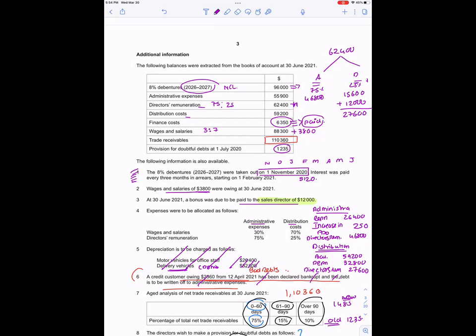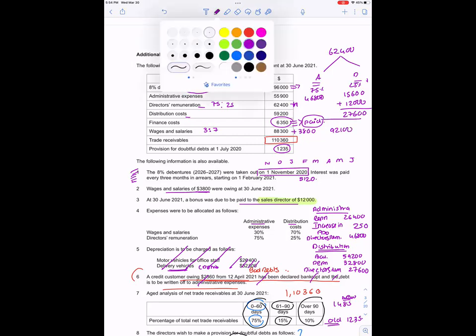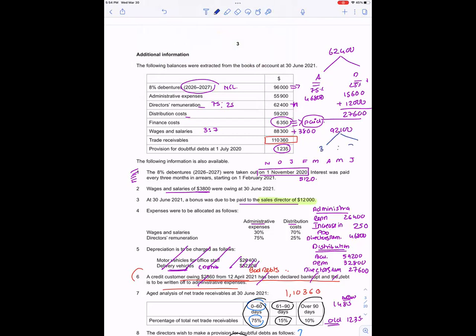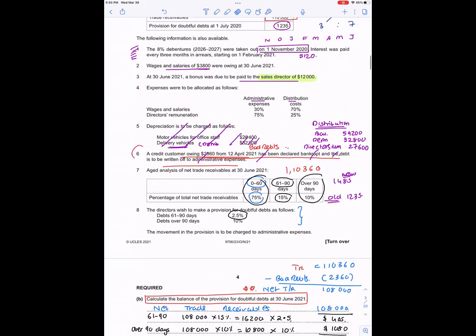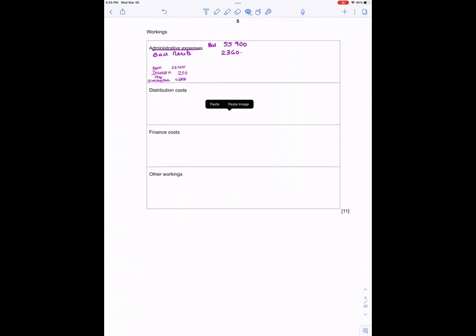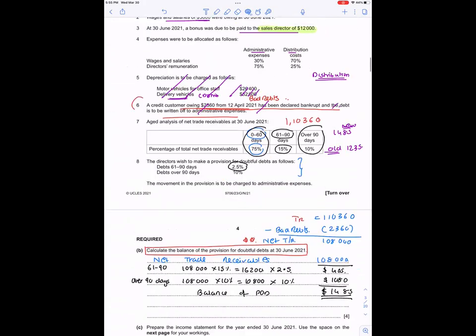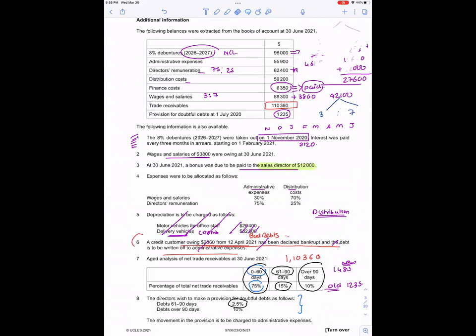Now wages and salaries. Let's see for wages and salaries.